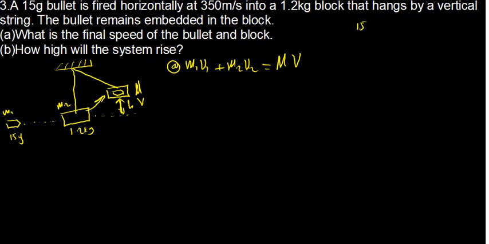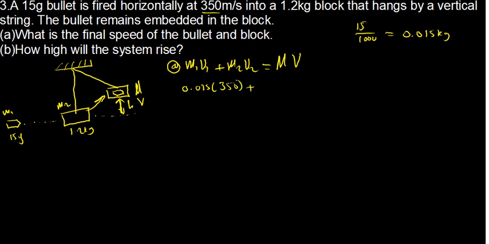The bullet is 15 grams, so we convert it to kilograms by dividing by 1,000. So that is 15 over 1,000, that is 0.015 kg. So that is the first mass, 0.015. And then u1, it was moving at a velocity of 350 meters per second.